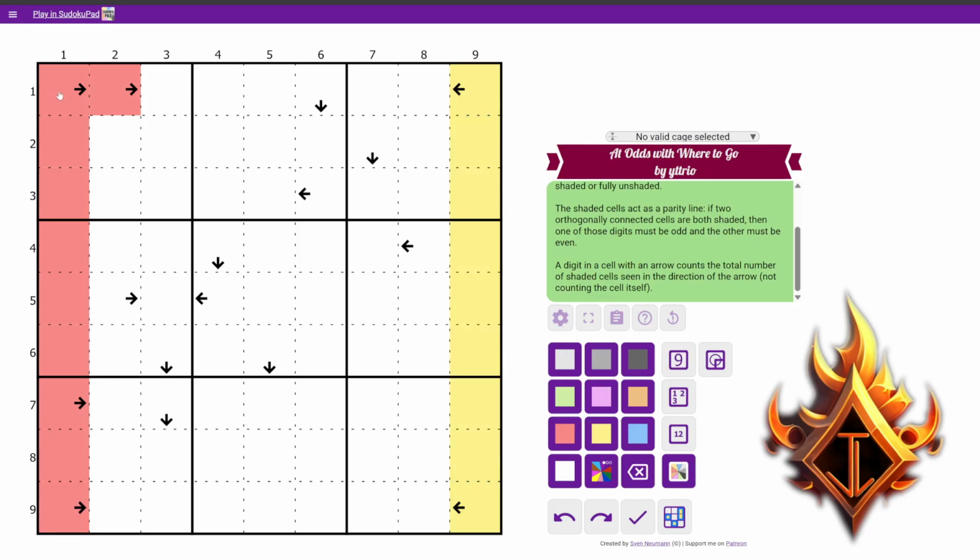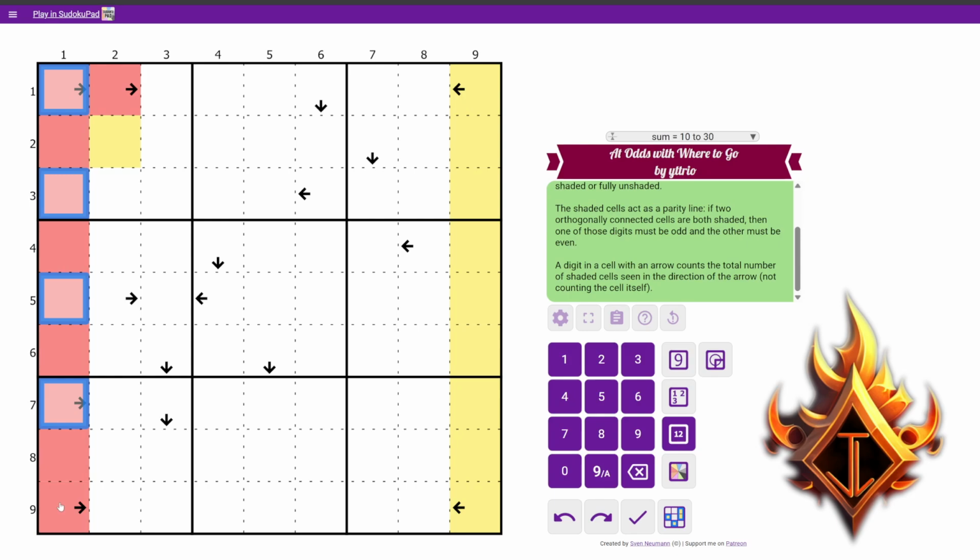Right? So this will be unshaded to avoid 2 by 2. And we have an entire column of a parity line. So we have to alternate between odds and evens. Well, if we were to start here with an even, then we would run out of room because we don't have 5 evens.